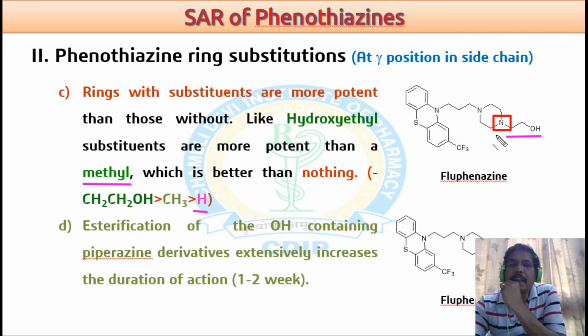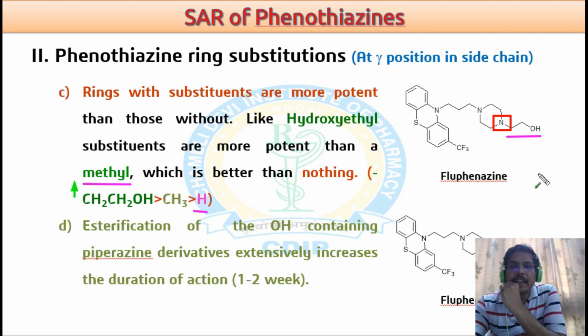In that case, the activity sequence toward neuroleptic activity is: methyl lies in between, and hydroxyethyl gives the optimum activity. When we go for hydrogen, it is less potent in the congener series.